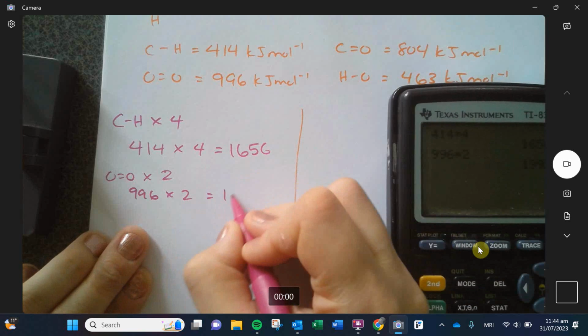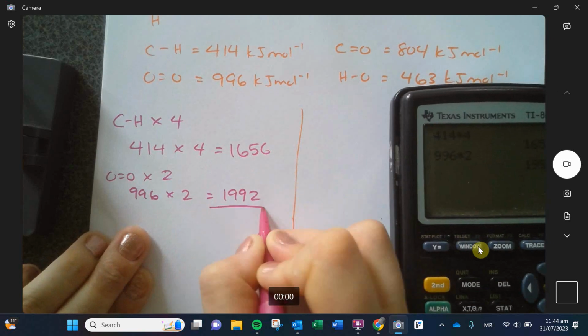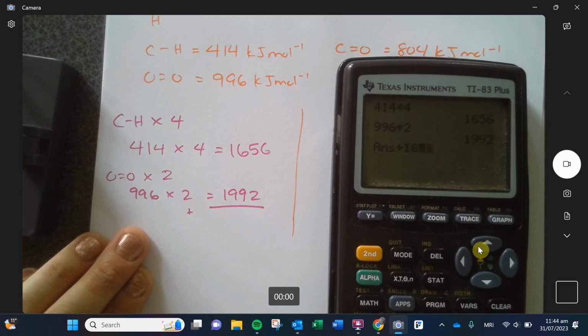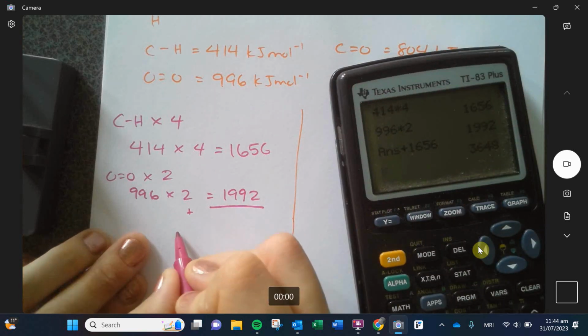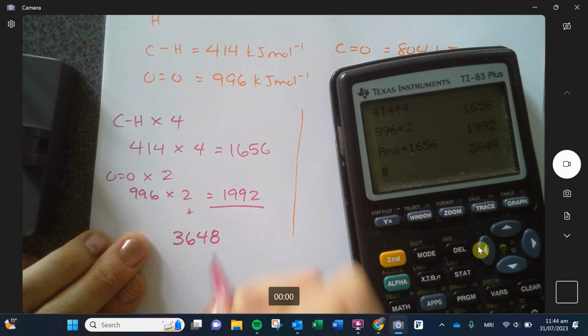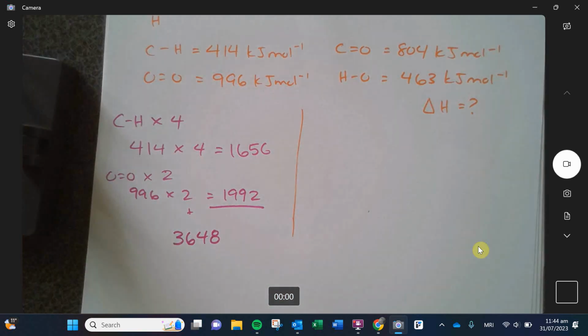So I get 1992, and then I add those 2 values together. And so what that tells me is that on the reactant side, the amount of energy I need to put in to my reaction to get it going is that value there.